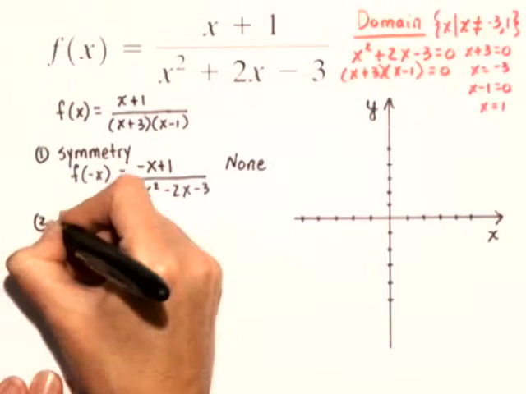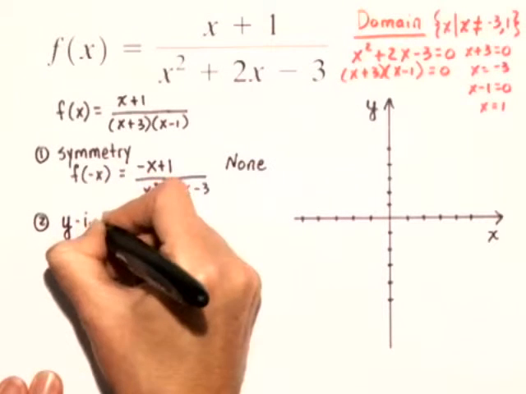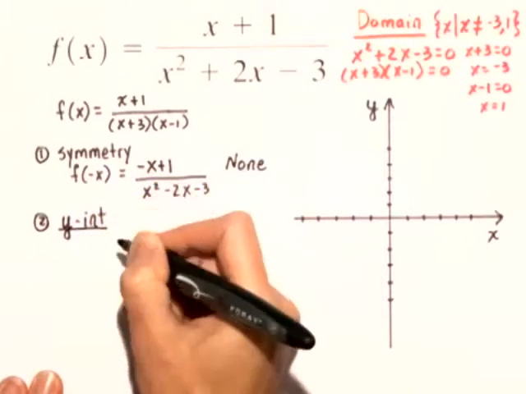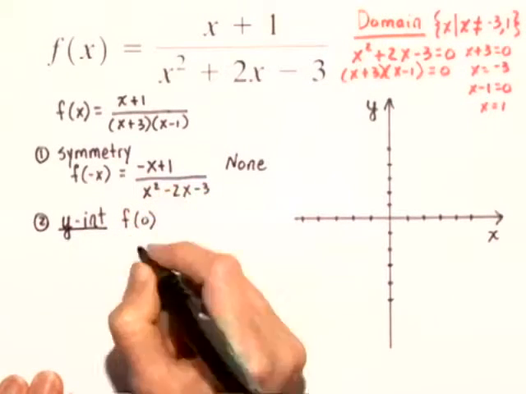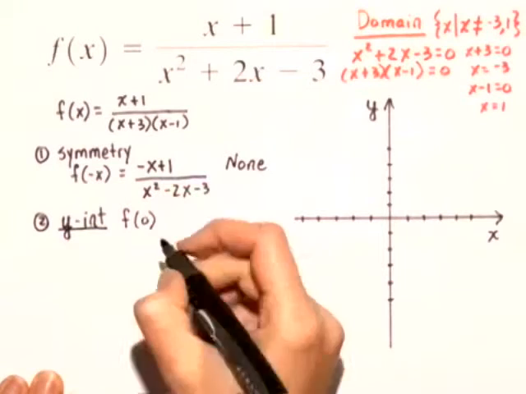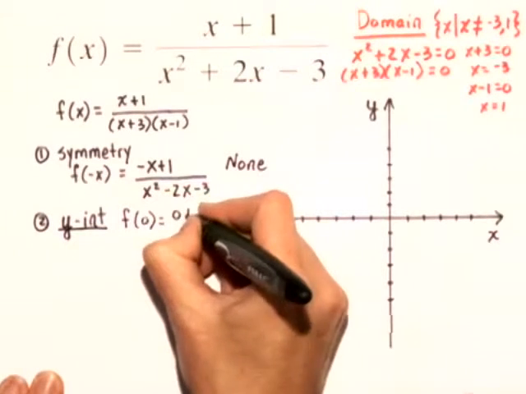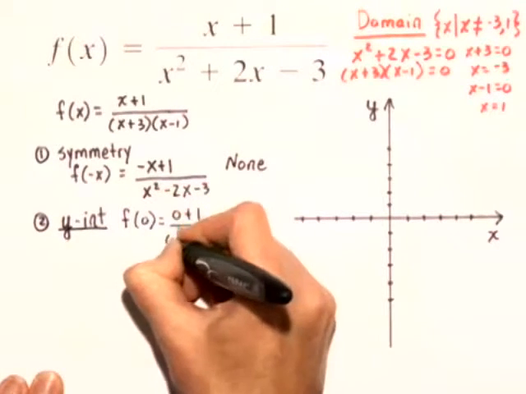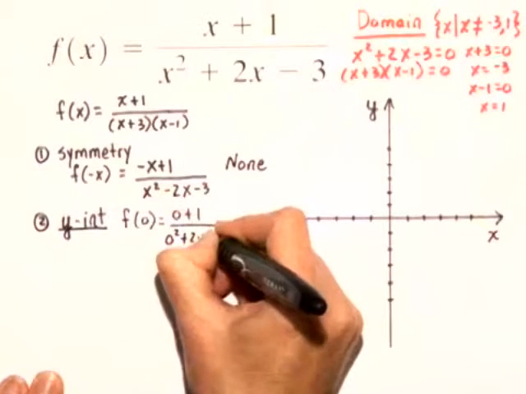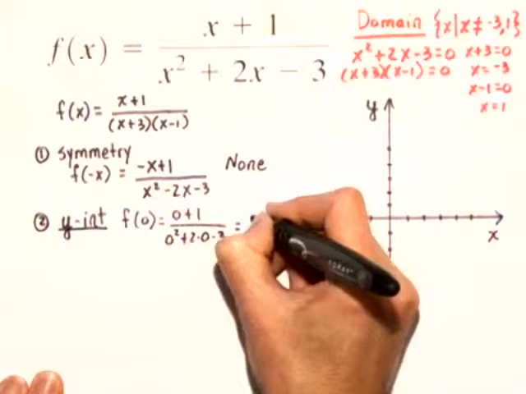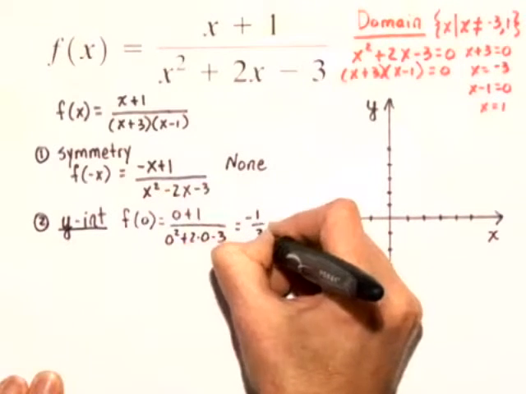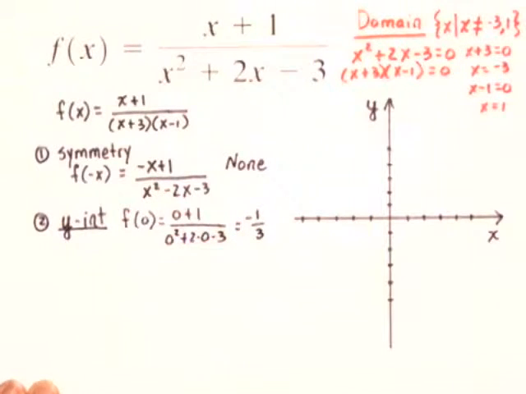Let's move on to step 2 and see if we have a y-intercept. We can always find a y-intercept by letting x equal 0, or in other words, finding f of 0. We'll get 0 plus 1 over 0 squared plus 2 times 0 minus 3. That simplifies to 1 over negative 3, or negative 1/3.